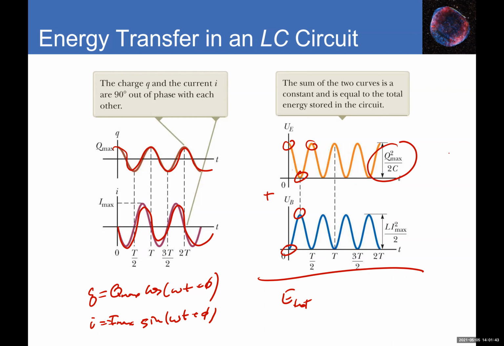And same thing, U_B equals U_B max, and because you're squaring this, the negative goes away, so you have sine squared of omega t plus phi. Okay, U max is basically given by L I squared max over 2. So this is your U_E max, this is your U_B max.